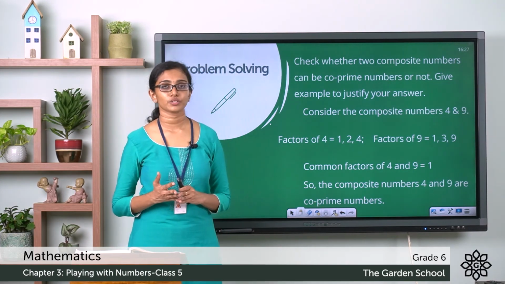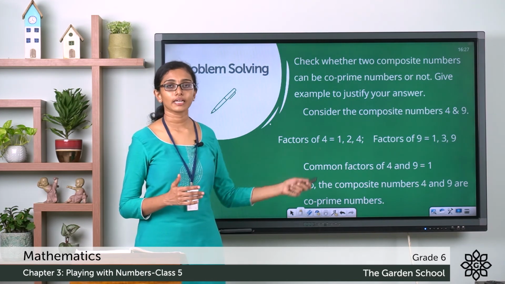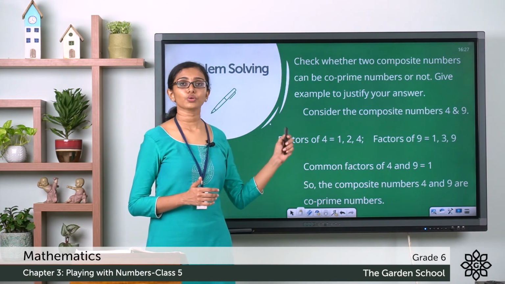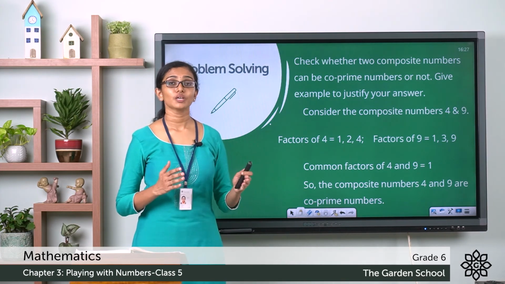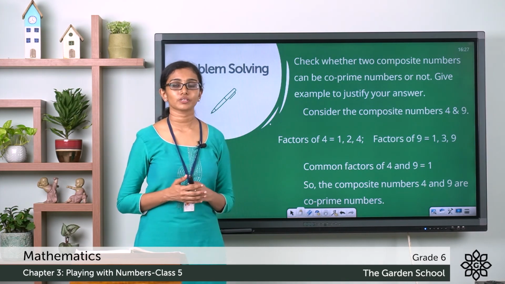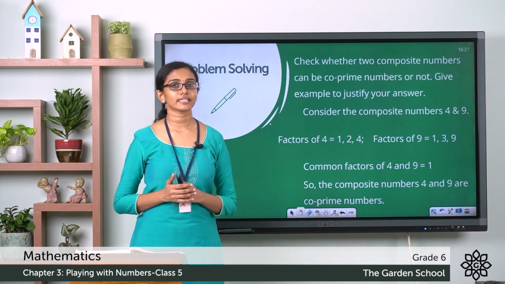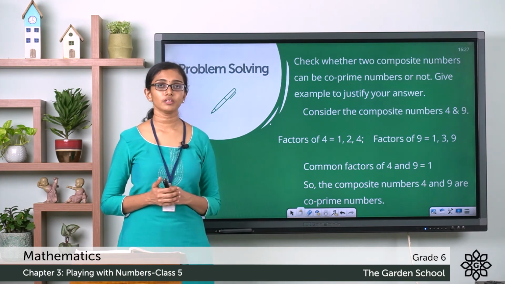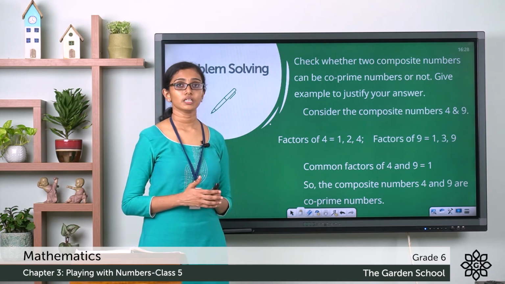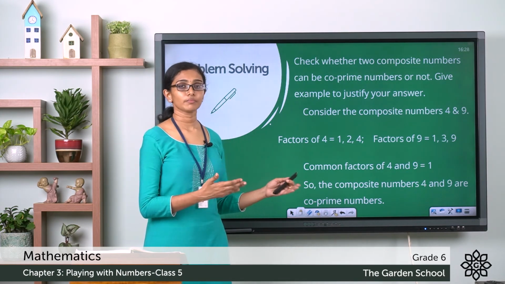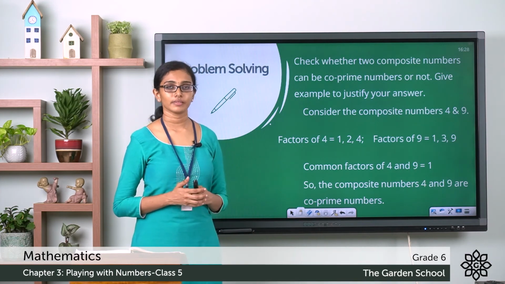So this combination of composite numbers 4 and 9 are also co-prime. So it is possible for two composite numbers to be co-prime numbers also. You can check other examples. I just gave you one example. Try different combinations of composite numbers and see if you can find more examples of co-prime numbers.